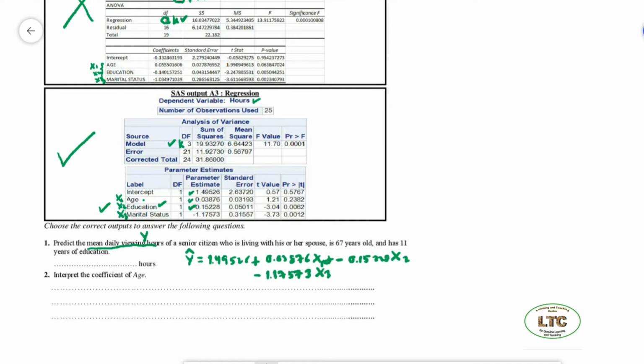So this is b3, this is marital status x3.